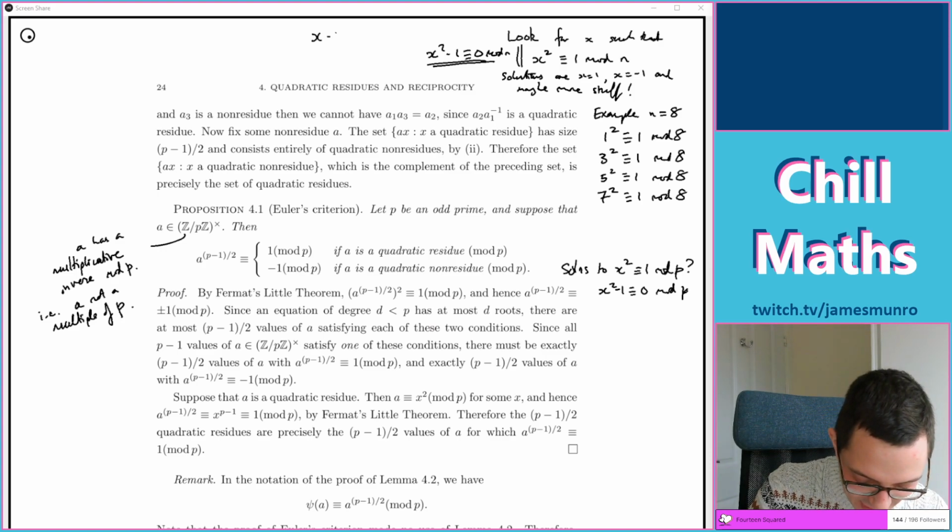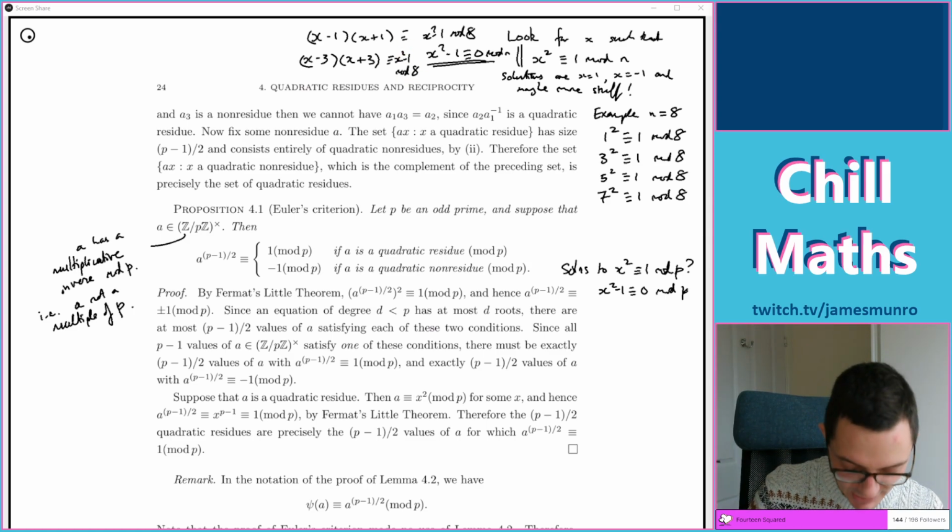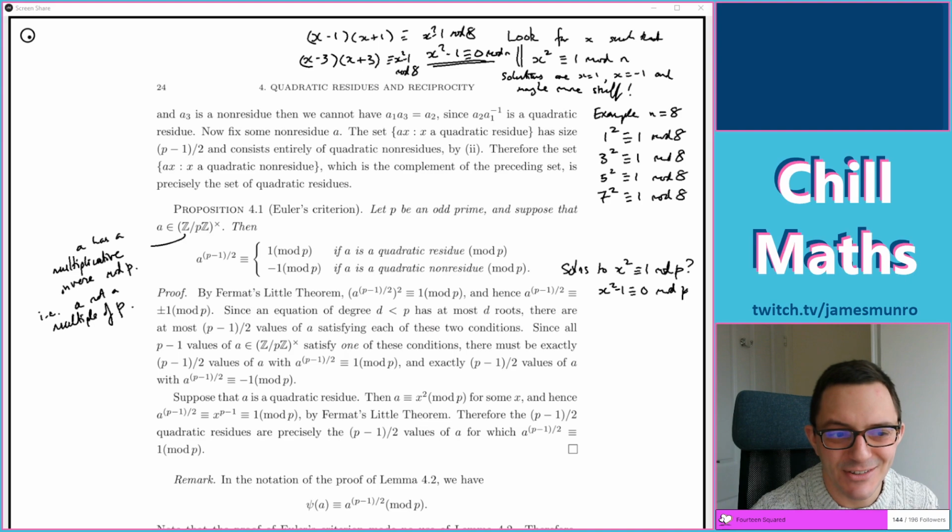If you like, it factorizes like this. But it also factorizes like this. Both of these are mod 8, sorry. Which looks a bit cursed.